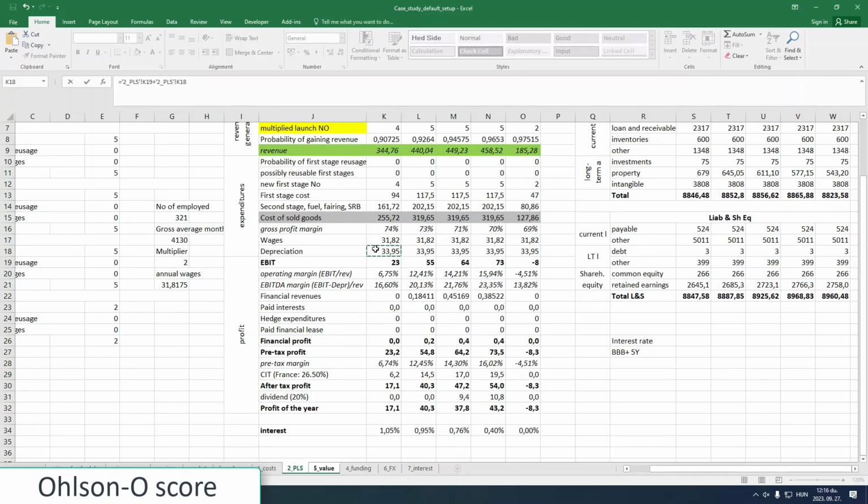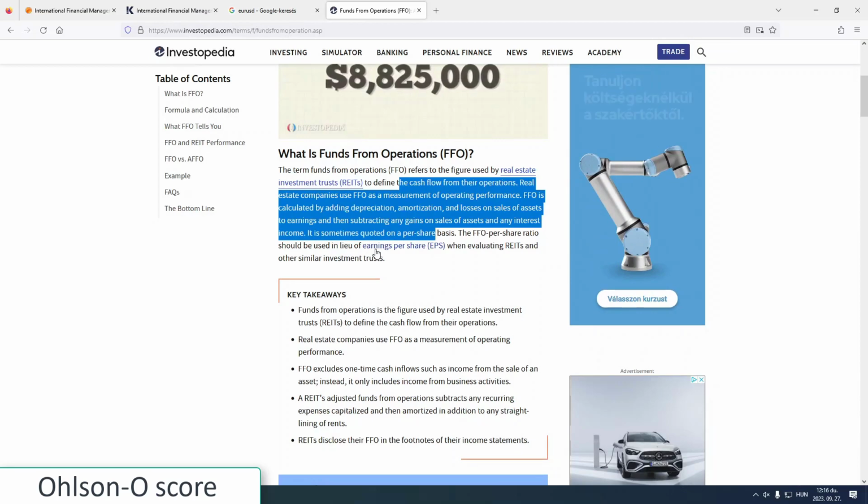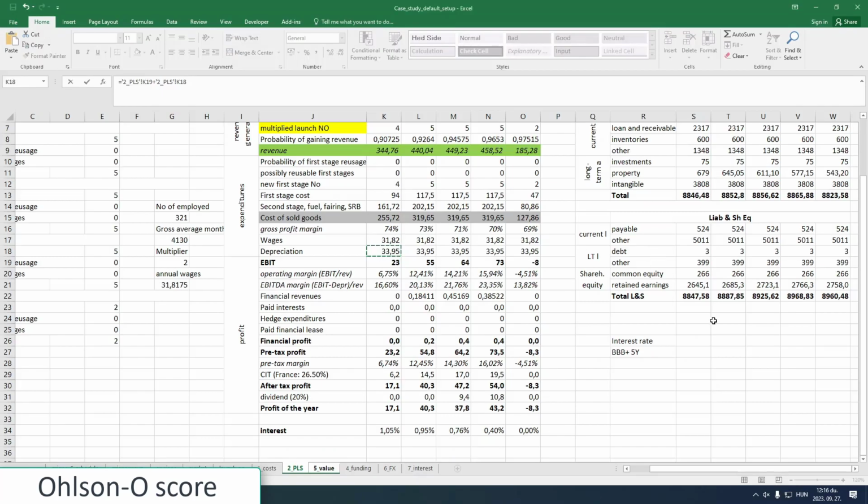And nothing more, because we have no further items that can be given. Yeah, nothing more.